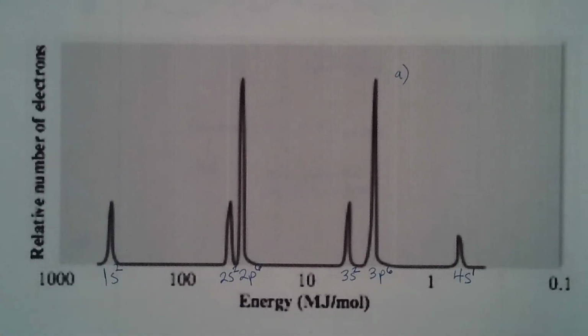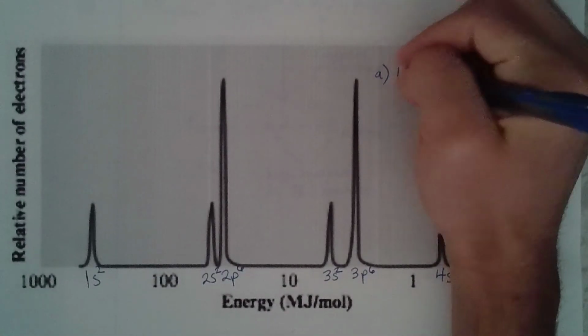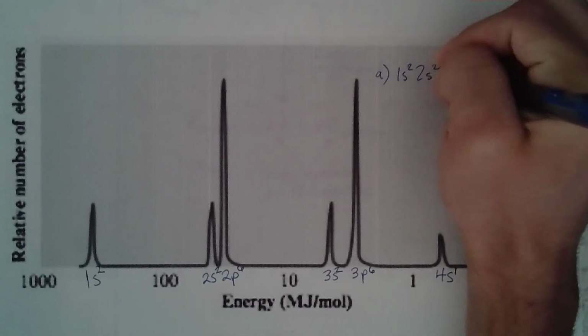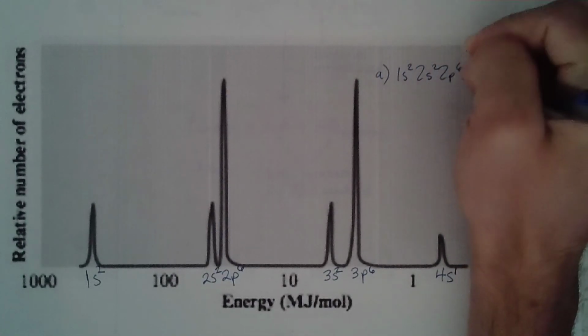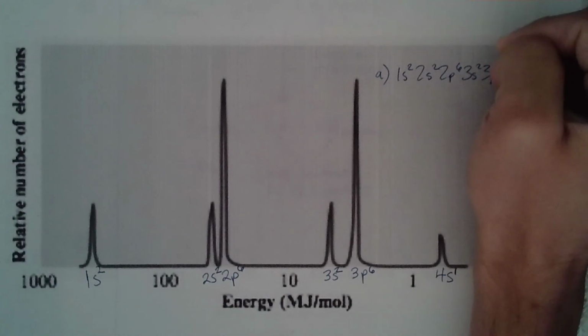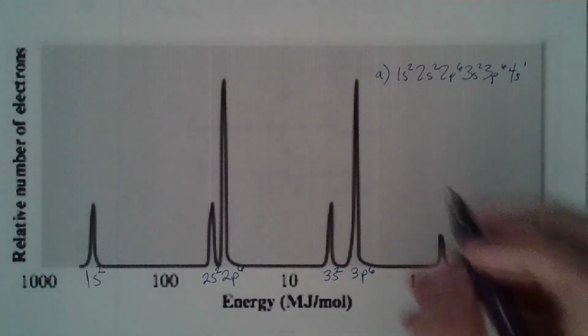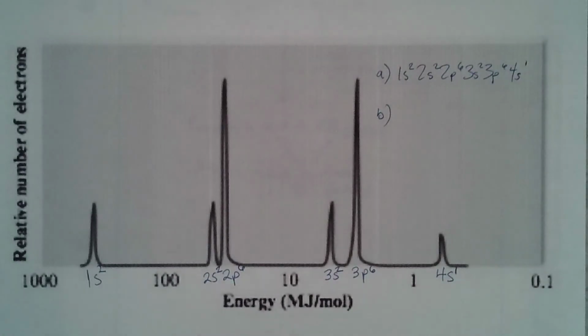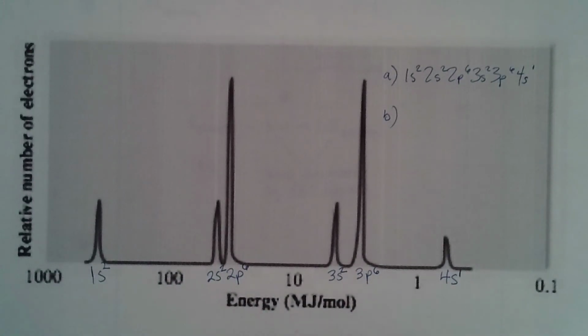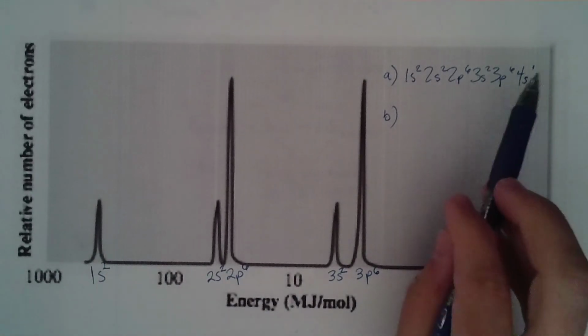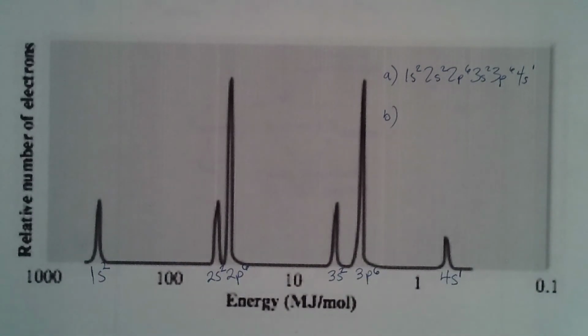I'm just going to write it in this order. 1s2, 2s2, 2p6, 3s2, 3p6, 4s1. Now, it doesn't say anything about this being an ion, so we're just going to assume that this is a neutral atom, and under that assumption, the number of electrons would be equal to the number of protons, and so we can figure out which element this is.